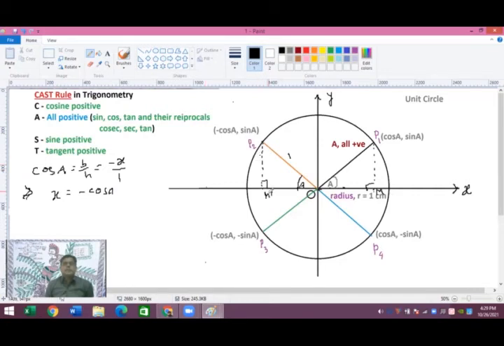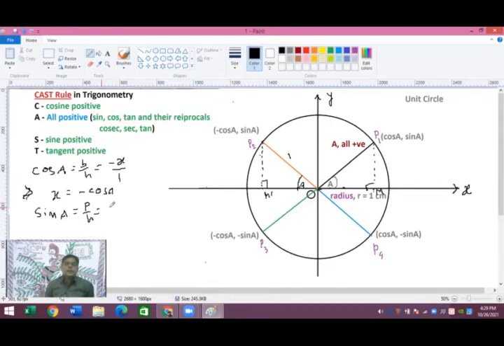Then we search for the y coordinate, that means P2M dashed. So here we use sine A. Sine A means at this time we are using the angle A in the second quadrant. So sine A equals P by H, and P is in fact along the y-axis, that is M dashed P2, and this is in fact the y coordinate of this point P2.